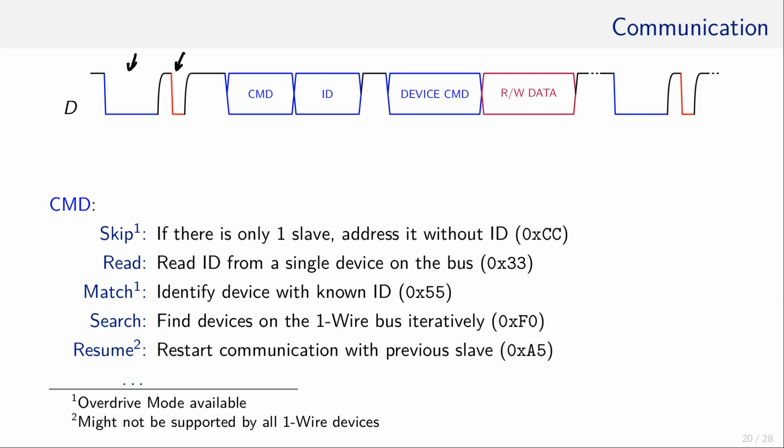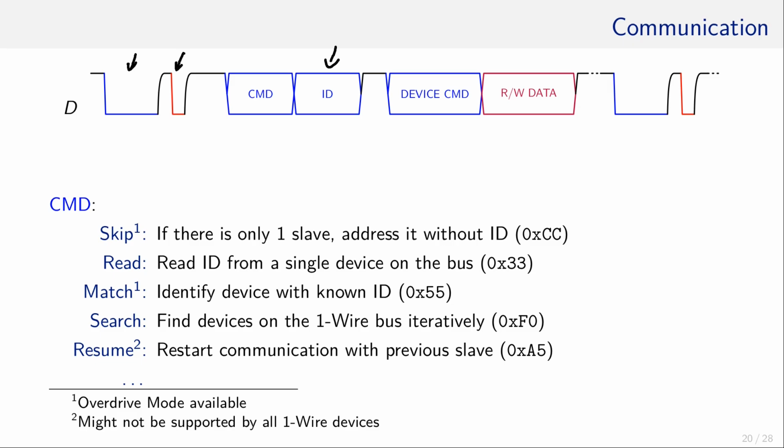Do note that those are not the commands for the slaves, but commands concerning the entire bus. For instance, there is a read command, which just reads the ID from a single device, or the skip command used if there is only one slave on the bus, and hence the 64-bit address that is transmitted after the command ROM sequence can be omitted.